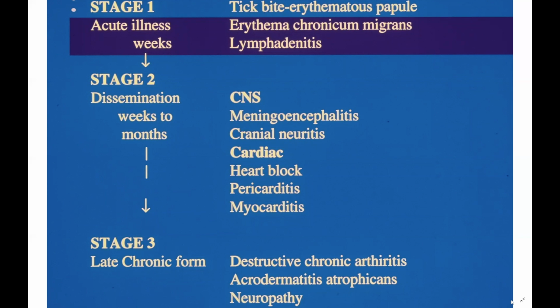Stage 3 is a destructive chronic arthritis, acrodermatitis chronica atrophicans, and neuropathy. By the time you get to the destructive third stage, it closely resembles another spirochete disease which we no longer see much in this country, tertiary syphilis, because the organism Borrelia is a spiral organism.